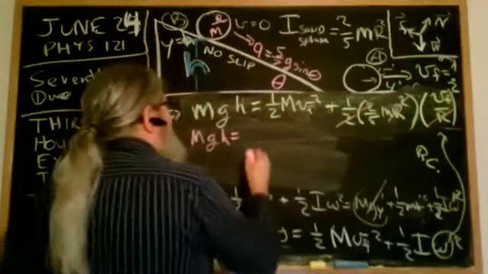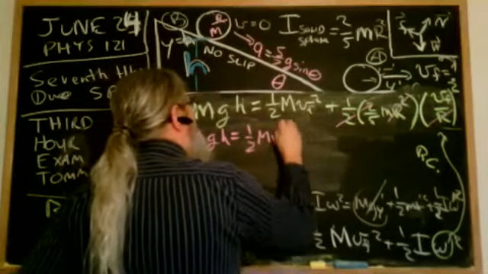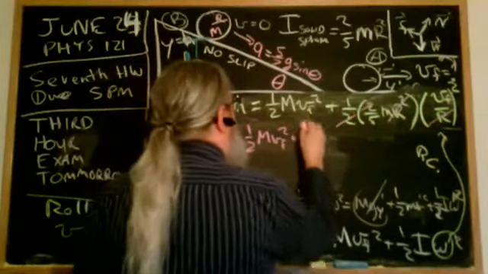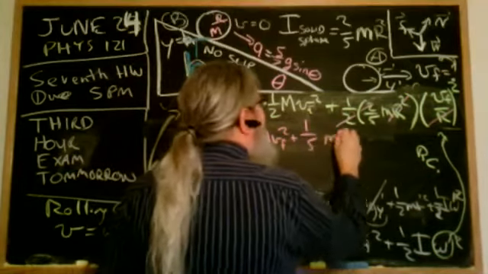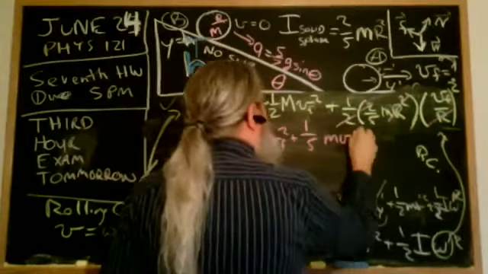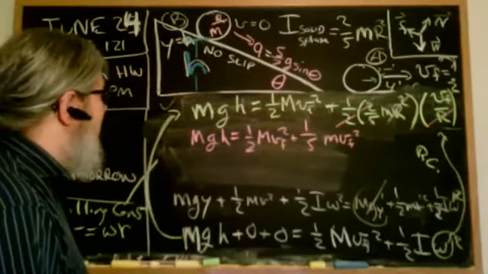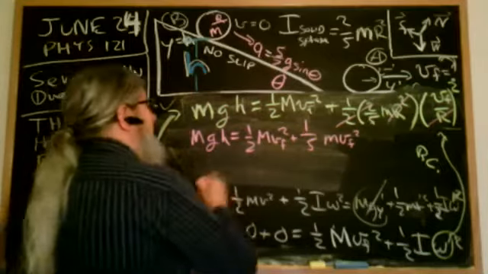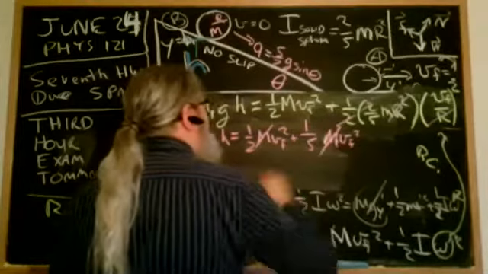So I end up with 1/2 M vf quantity squared plus 1/5 M vf quantity squared. Oh, okay. So that's looking kind of interesting. So I solve for Vf. The M's all cancel. So let's get rid of those. That should be big M, right?